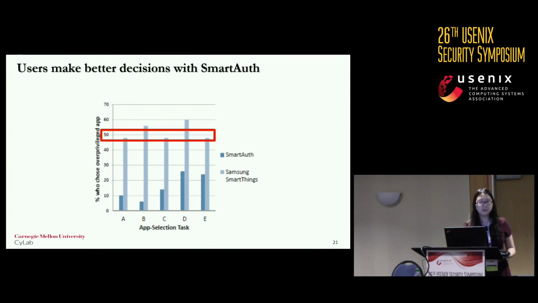So basically, you can tell that for the SmartThings interface, which is the current manifest permission interface, it's around 50%. Users are almost choosing randomly. But for the SmartAuth interface, which is the dark blue, you can tell that most of the users are able to make the good decision, the right decision, to avoid unexpected behaviors.